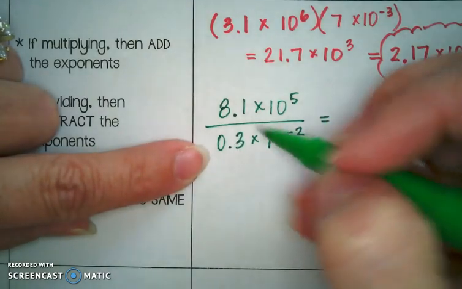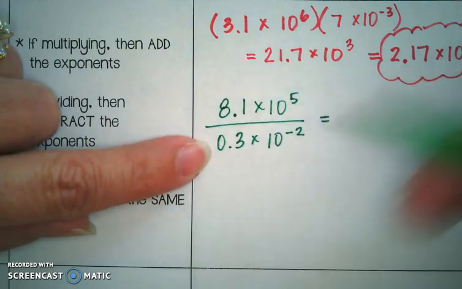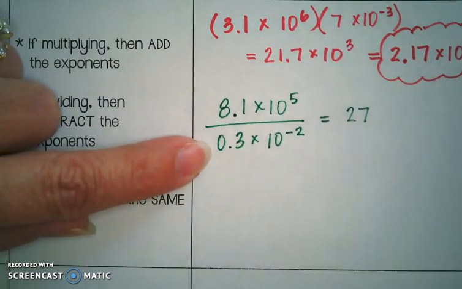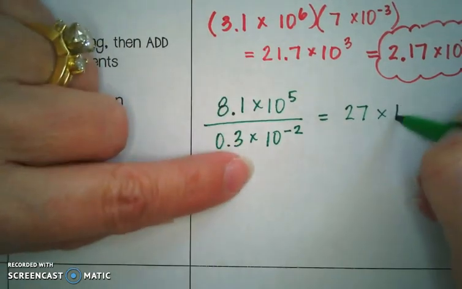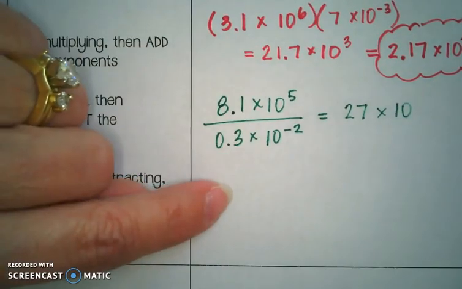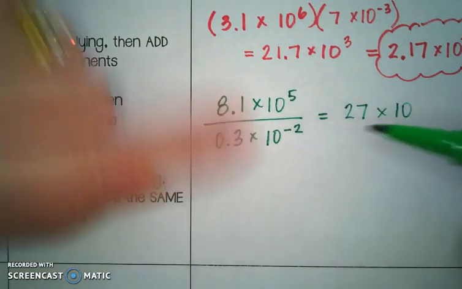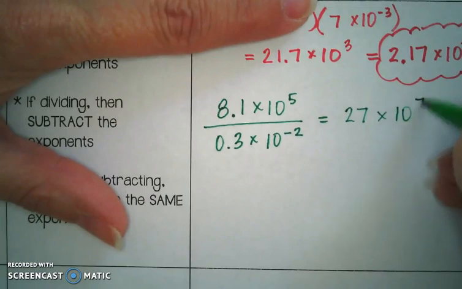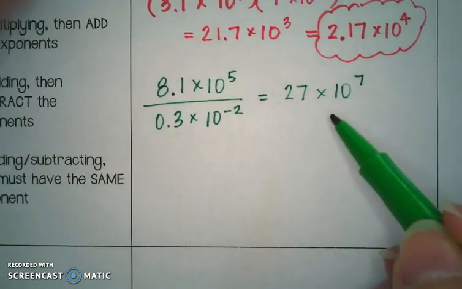So if you follow that, if we move the decimal, we just have 81 divided by 3. So that gives us 27. All right, now, since we're dividing, we need to subtract the exponent. So remember, 5 minus negative 2 means 5 plus 2, which means to the 7th. So now we just need to evaluate if this is truly in scientific notation.